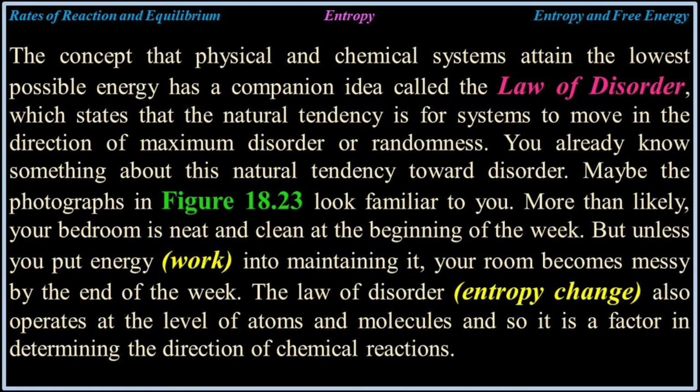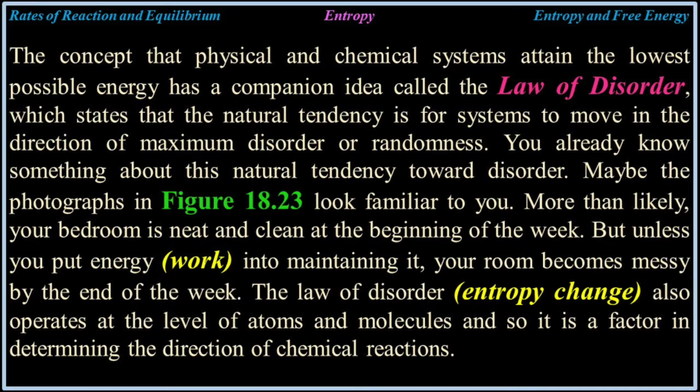The concept that physical and chemical systems attain the lowest possible energy has a companion idea called the law of disorder, which states that the natural tendency is for systems to move in the direction of maximum disorder or randomness. You already know something about this natural tendency towards disorder.